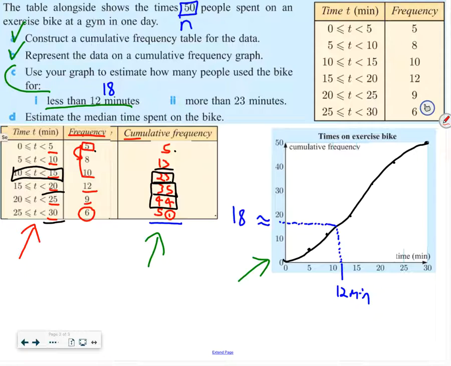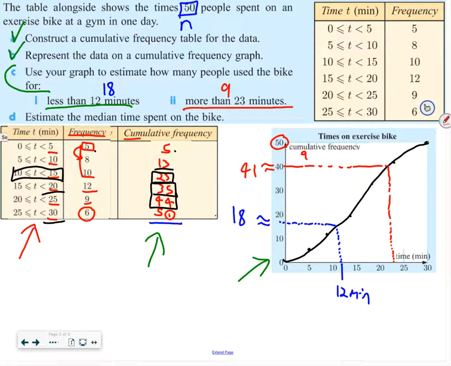Again, I'm going to come over to 23, come up, and then go over. That is approximately a little above 40, so maybe 41. If I know I have 50, from 41 to 50, that means I have 9 people that are represented in that more than 23.